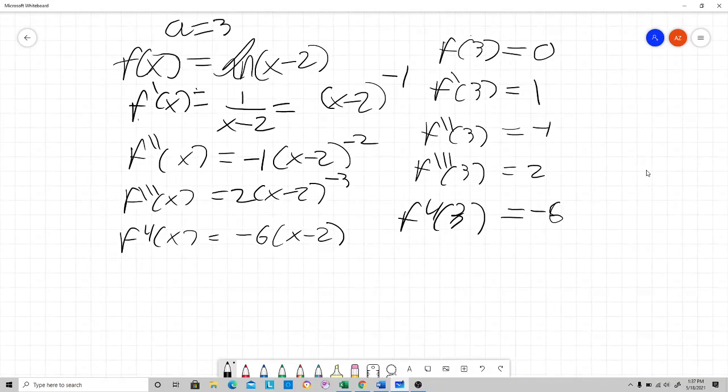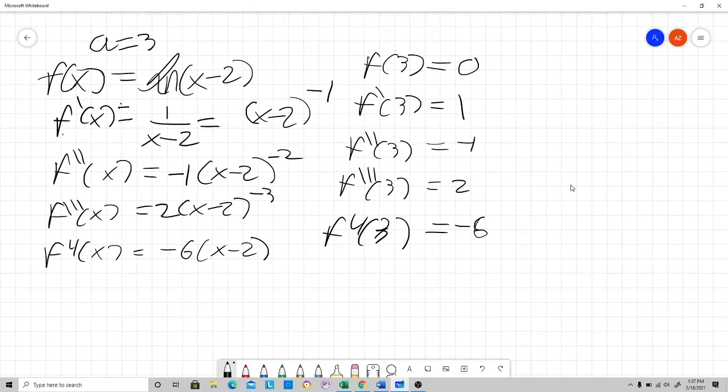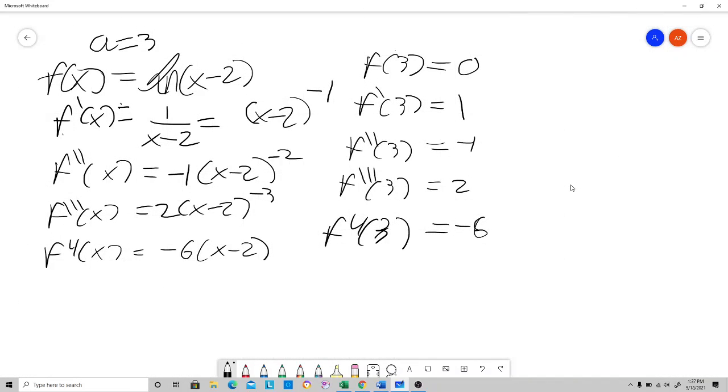Okay, so now we need to try to come up with our Taylor polynomial. So the first term is going to be 0, so we don't have to write anything.